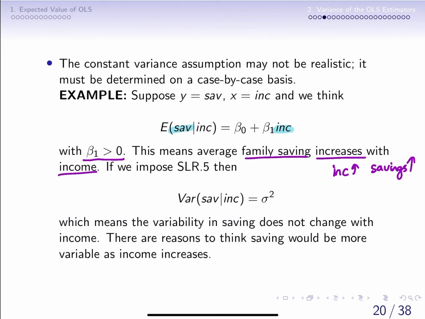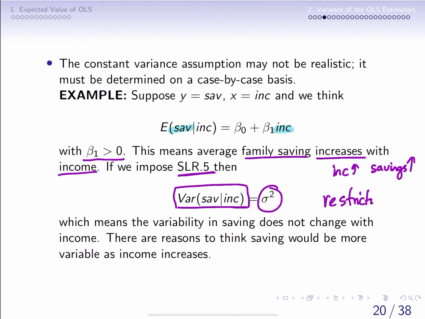But if we impose this last assumption that we're talking about, then we might be saying that the variation that we observe in saving, given any level of income, is constant, okay? And this might be very restrictive. You might actually expect that the variability in saving behavior is much higher at higher levels of income, right?